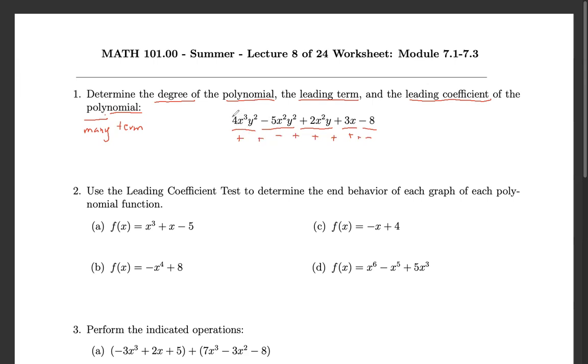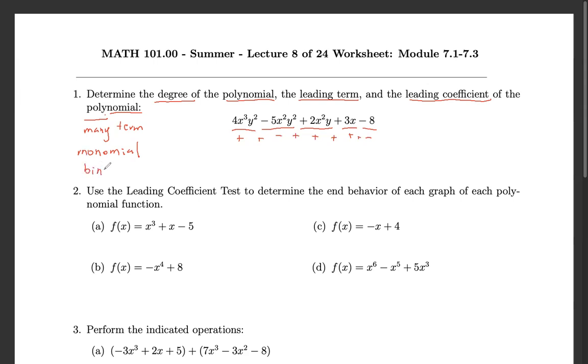Even this one, where we have 4, x cubed, and y squared, is considered a monomial. Mono means one. So each one is a monomial. Then when we have 2 terms, we call it a binomial.